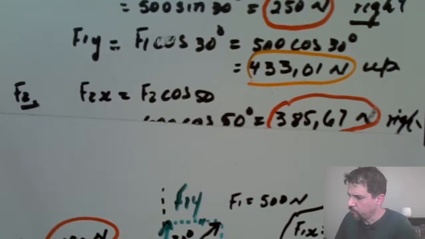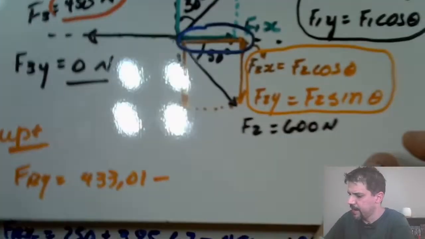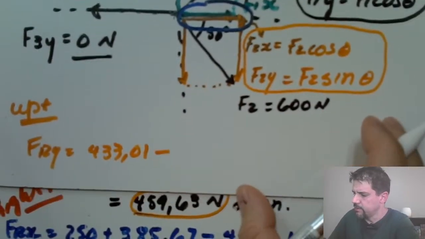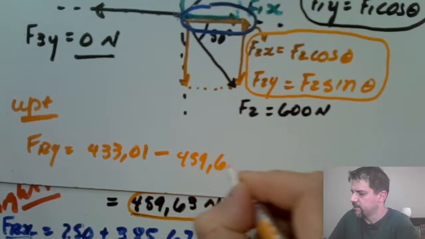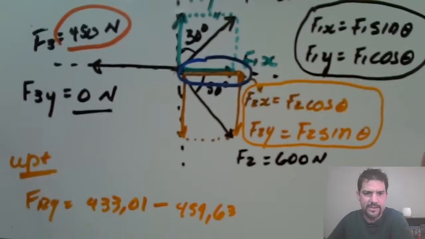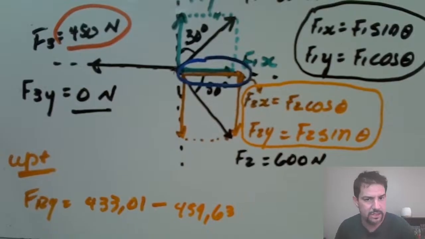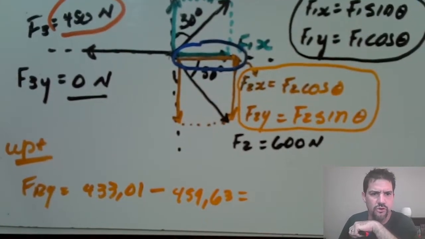We have 433.01 positive minus the other component, which is 459.63. It is negative because I set up is positive. Otherwise, it won't be negative. And then the rest is to calculate that simple calculation with your calculator.